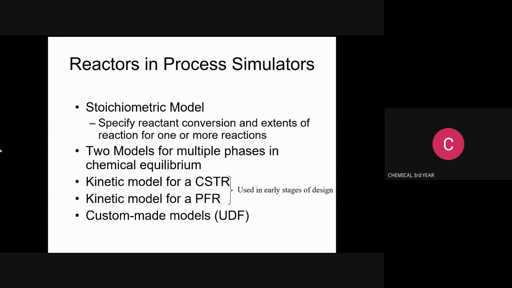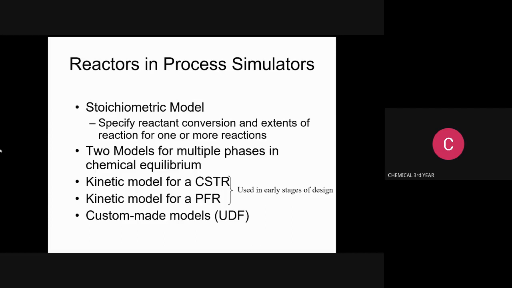Okay. Kinetic model. Do you remember or not? Previously, two slides before, I told you we have to reduce the reactor volume by using reactor kinetics. In the kinetics, we have to know about the kinetics models.